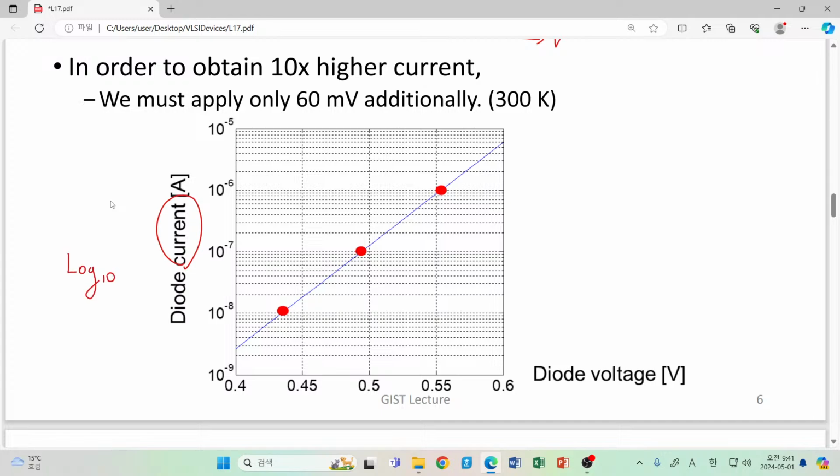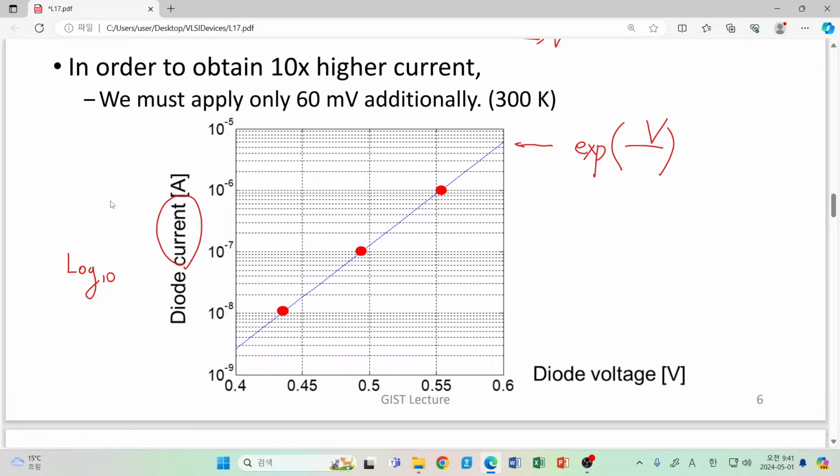Take the log 10 of current, and we will have more or less a straight line, because this follows the exponential of our input voltage.